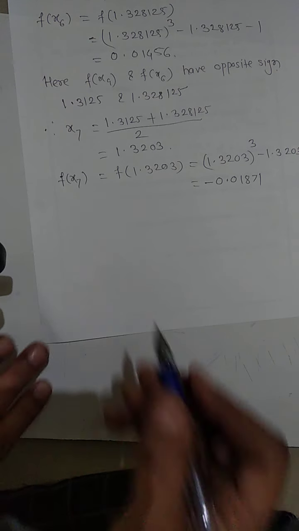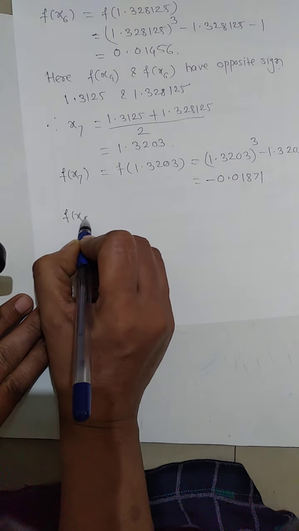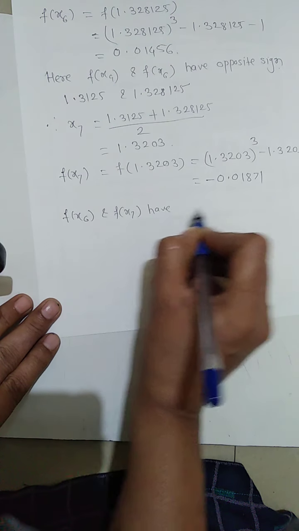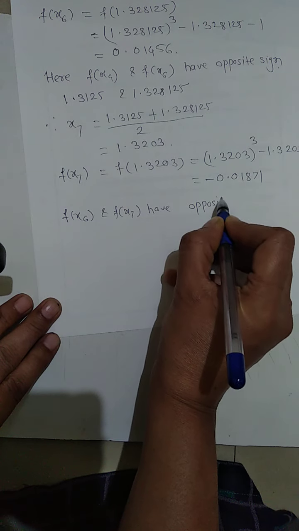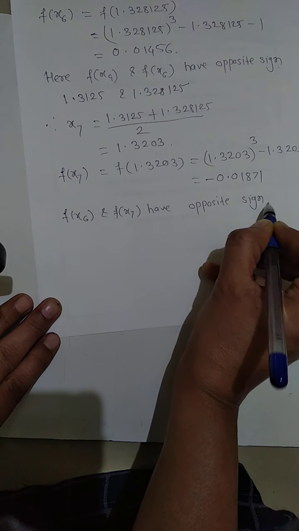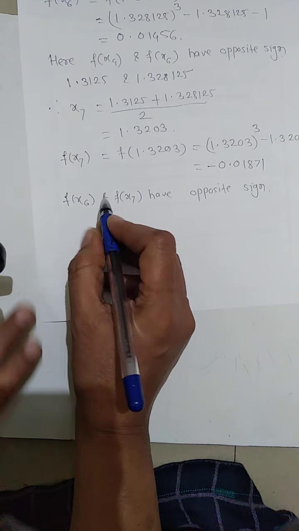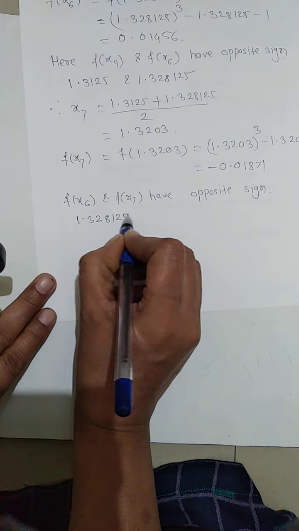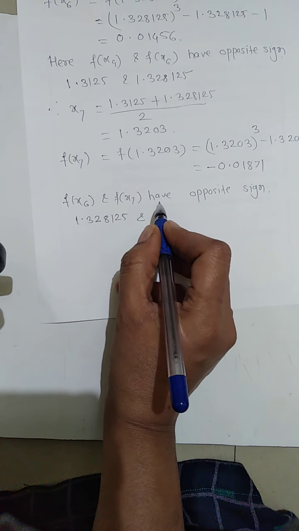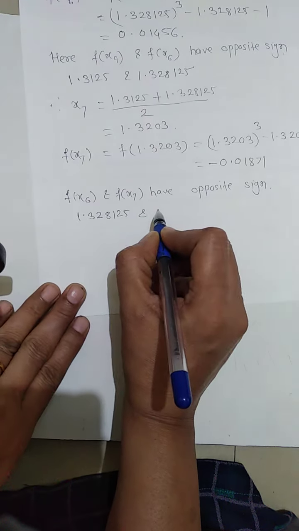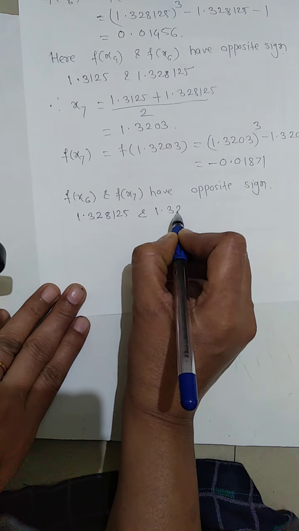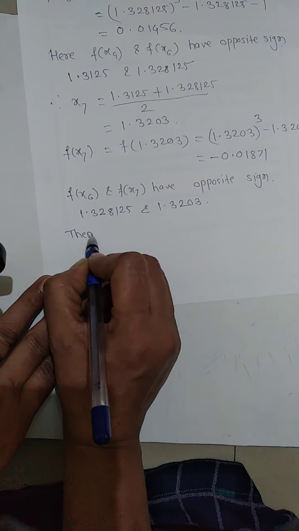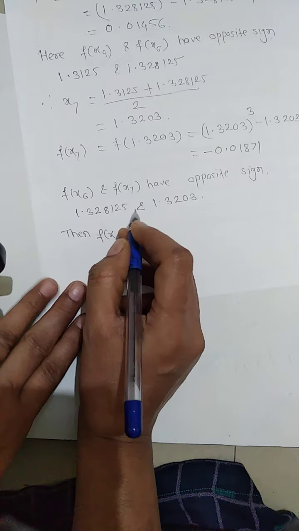Here again we see that f of x6 and f of x7 have opposite sign, and hence the root lies between 1.32825 and 1.3203.